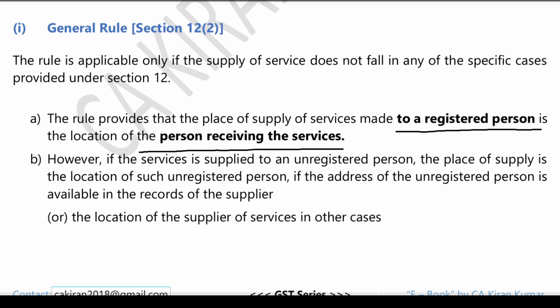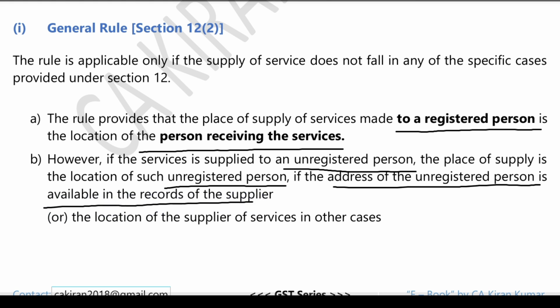However, for services supplied to an unregistered person, the place of supply is the location of such unregistered person if the address is available on record. If the address of the unregistered person is not available, then the location of the supplier of services will be the place of supply.